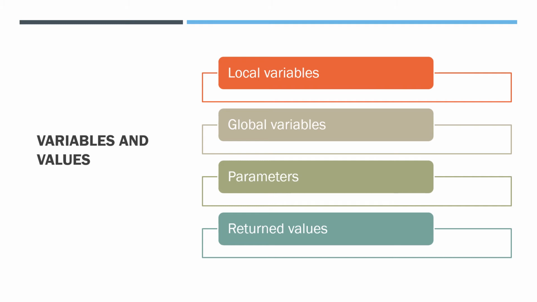A better way is to use parameters and returned values. A parameter is a value passed from the main program up to the function or procedure inside the brackets, and a returned value is a single value passed back by a function back to the main program.